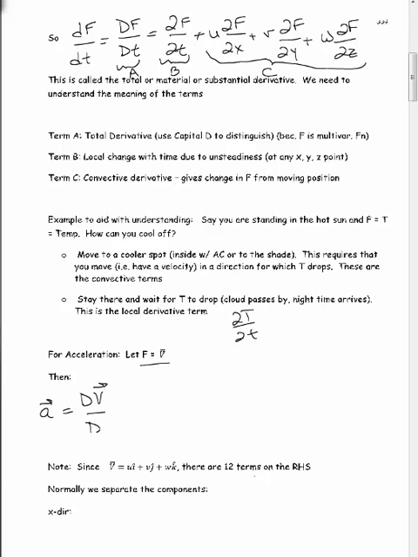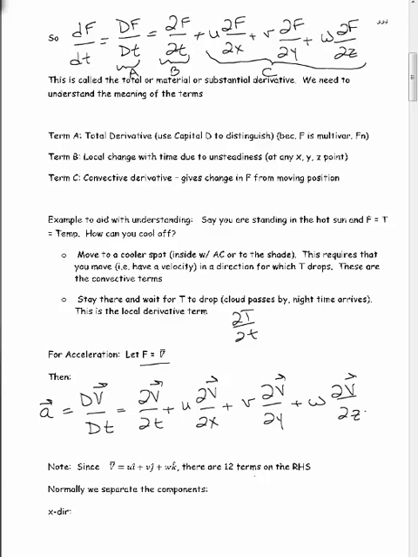Big D, the material derivative Dt, which means it's not just the partial of v with respect to t, it's the partial of v with respect to t plus u times the partial with respect to x plus v times the partial of v with respect to y plus w times the partial of v with respect to z. All right. But if you look at this as a vector equation, what you do is end up breaking it into components.